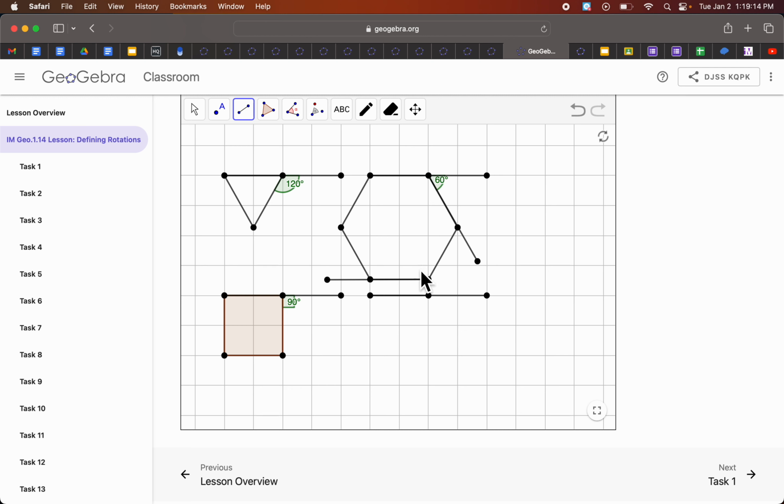How many times you have to turn, this is a smaller amount of turn because it has more sides. How many times do you turn? 6 times. 6 times 60 equals 360. If you have an 8-sided shape, how much are you going to have to turn? There you go. That's the puzzle. That's as much of a hint as I can give you. Make an octagon, a regular octagon.